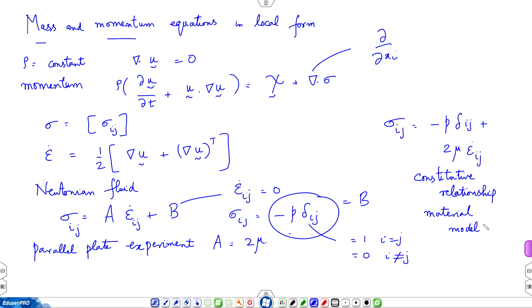Non-Newtonian, what is that? It will not be linear. One way of addressing non-linearity is to make a function. This constant a is a function of epsilon dot. That is a non-linear relationship. Independent of epsilon dot, then constant, you have a Newtonian model.